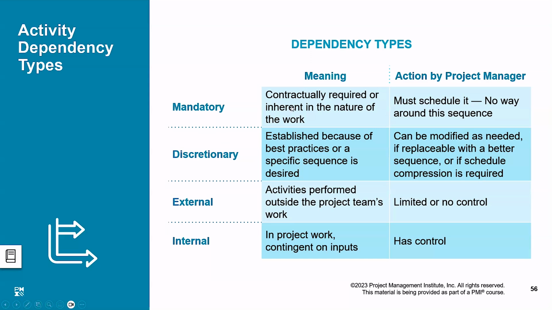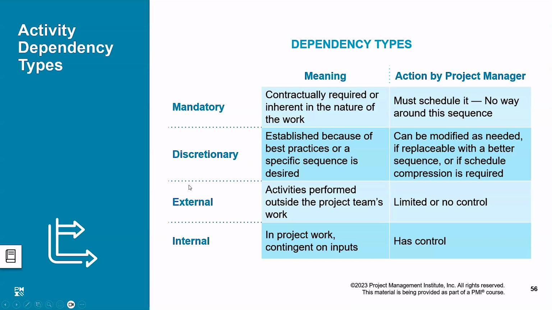Without plastering, can you paint? Not possible. That means the painting activity is mandatory. But maybe something is discretionary, meaning you can do it in parallel also. If you feel it is important, you do it. Otherwise, you can leave it, or do this activity later on. That is called discretionary.